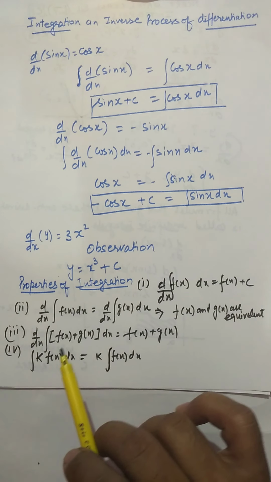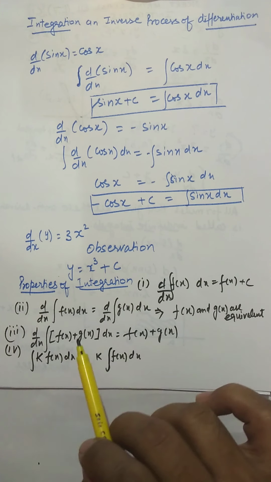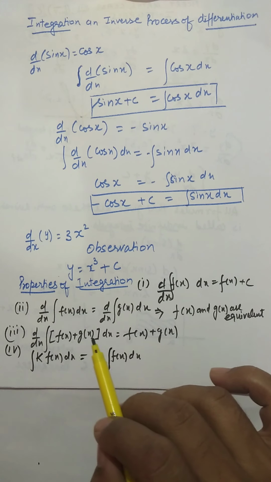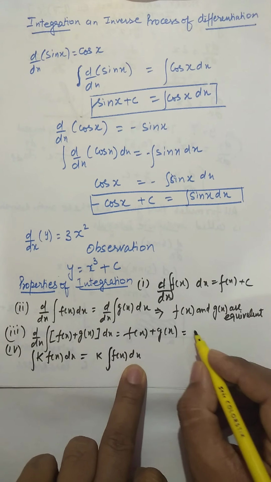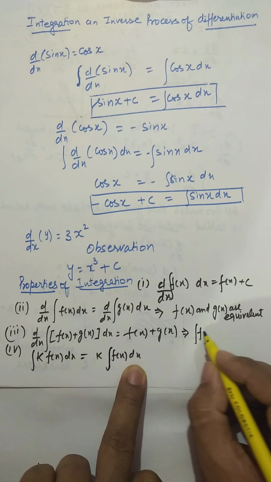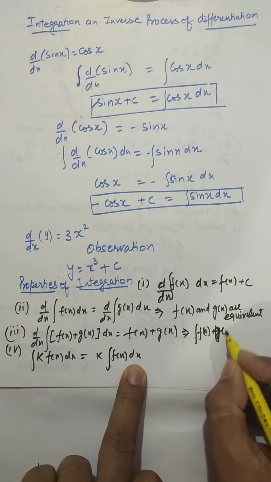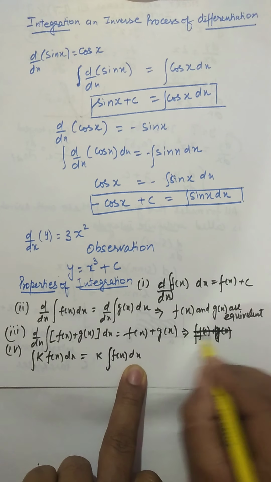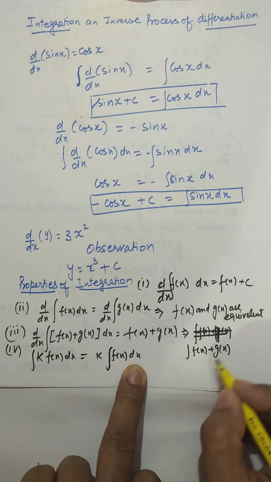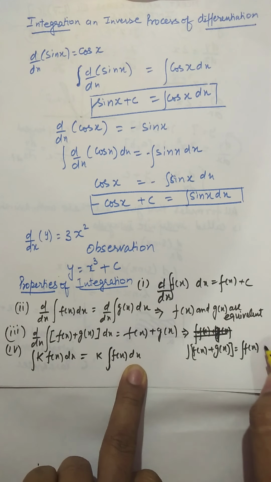The third one is the integral of f(x) plus g(x) dx. You can find this as the integration of f(x) plus the integration of g(x). So if there are two functions, you can take the integration separately.